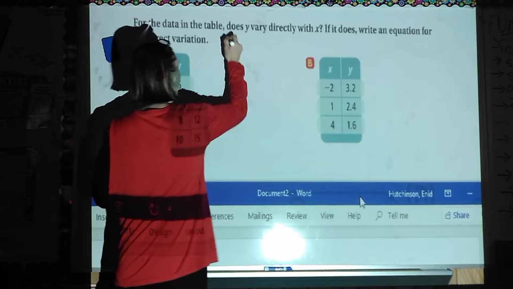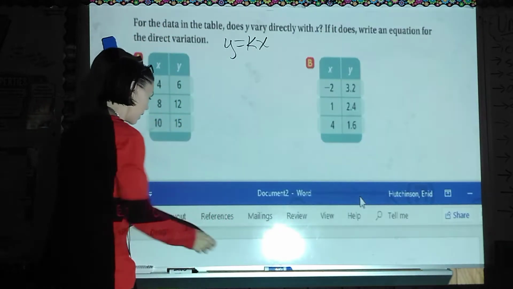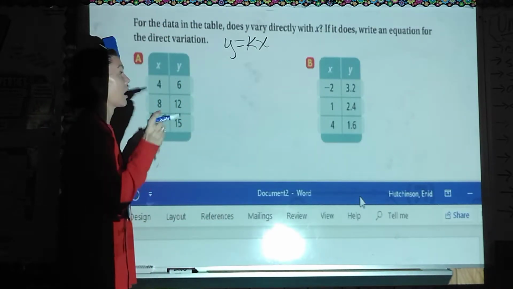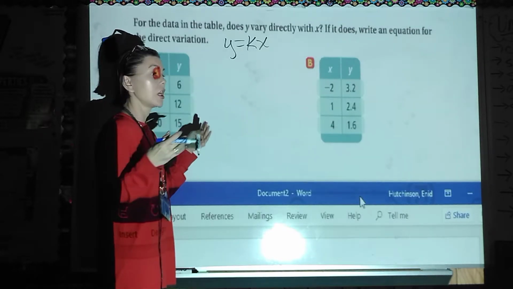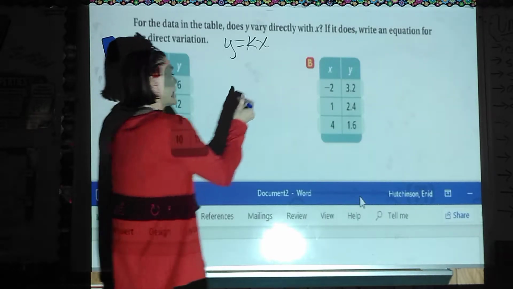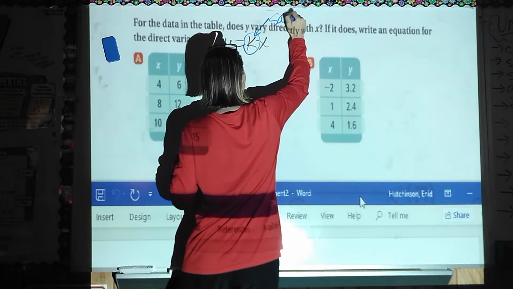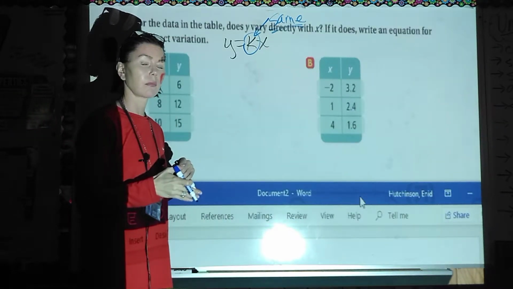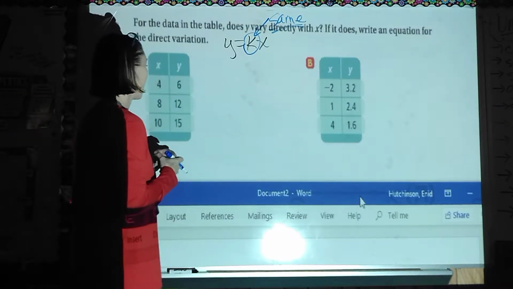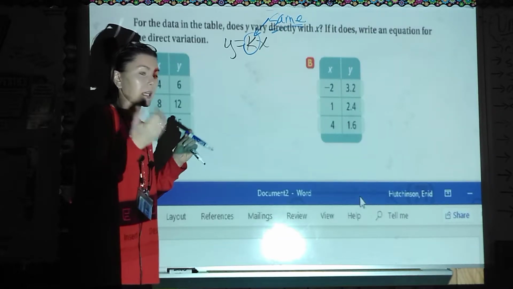But basically, you're going to see it in a table like this, and they're going to ask you, let's write it again, y equals kx. And the only way that both of these tables can be considered direct variations is if the k is constant. It's the same every single time, okay? And so how do we solve for k?